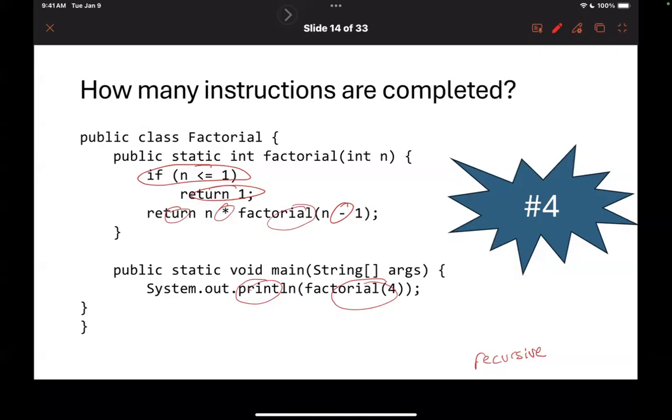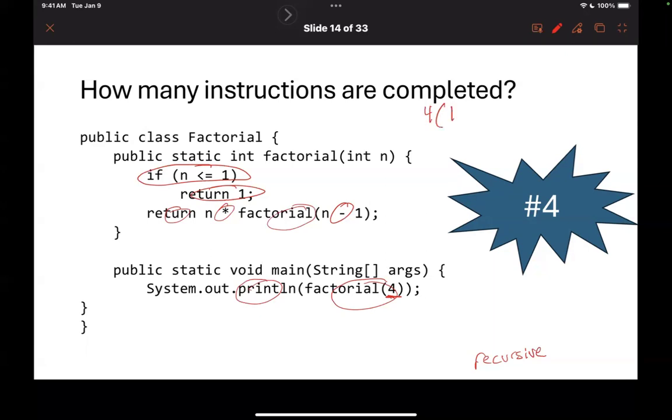So those are all the operations, except factorial of n minus 1 is doing factorial all over again. So let's think, how many times does factorial run? We've got a number 4 here, so we're doing something 4 times.